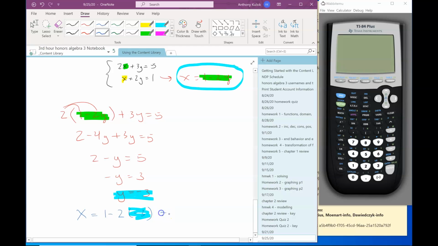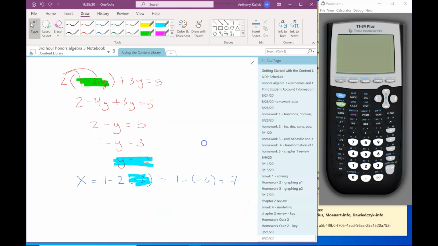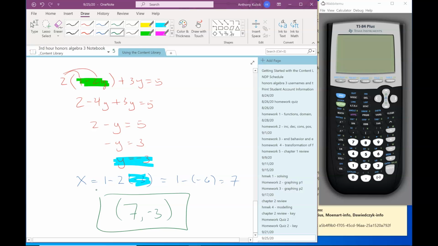And I can see there that negative 1 minus a negative 6 is equal to 7. And so once again, I'm left with my solution, 7, negative 3.